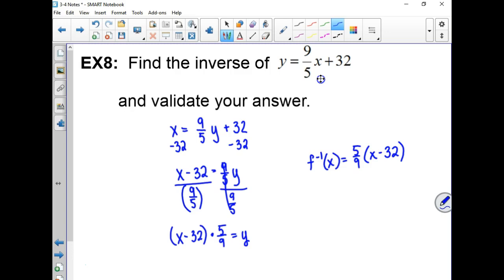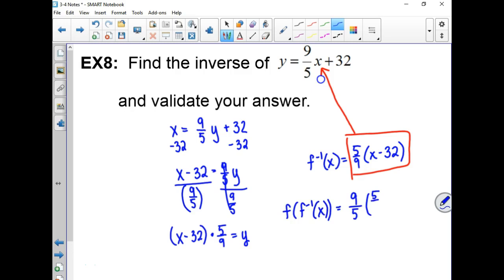And if we want to check to make sure that we did it right, we can take this inverse and plug it in for the x up here. So f of f inverse of x would be, we'd have 9/5 times 5/9 times x minus 32 plus 32.